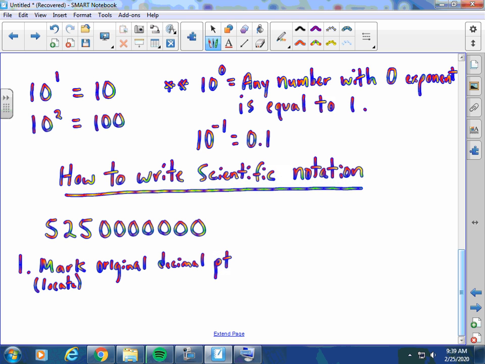And so in this situation here, if you look at the number, there's no decimal point in it. If there's no decimal point in the number, then that means it's really at the end. So I'm going to go to the end of this number, make a decimal point, and mark it with a little arrow and put OP, original point.